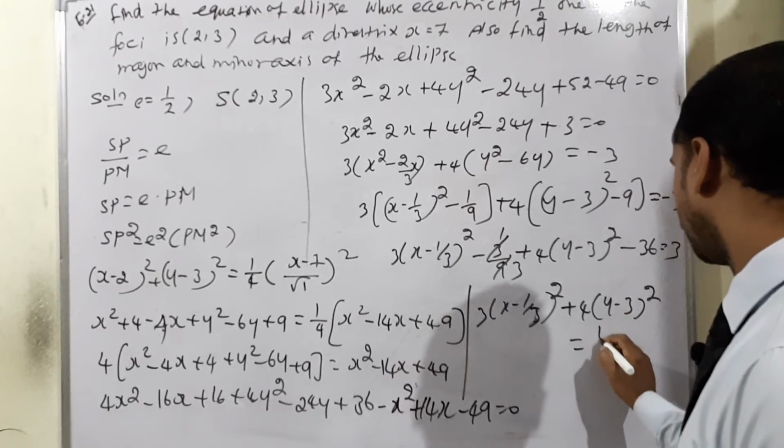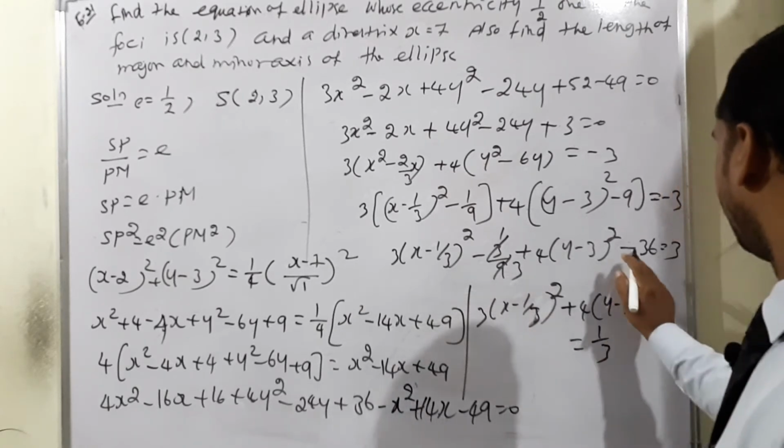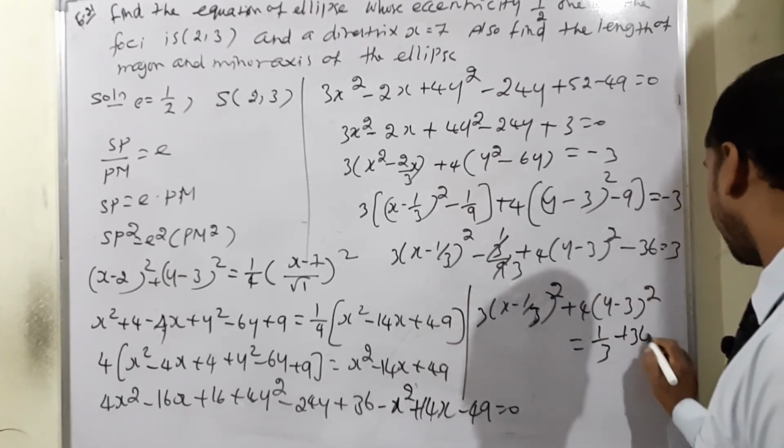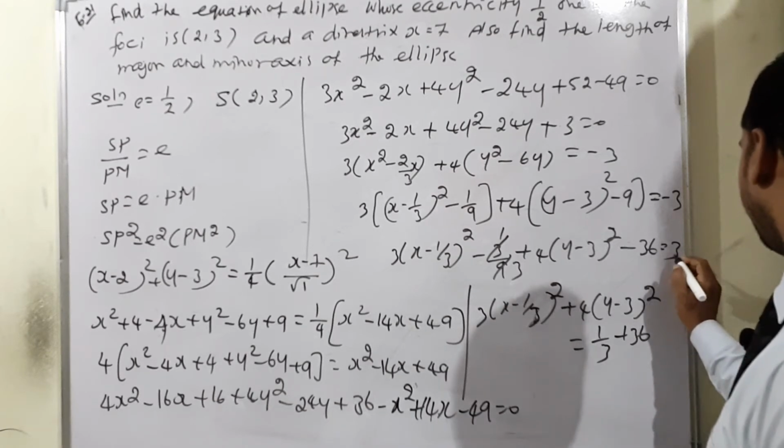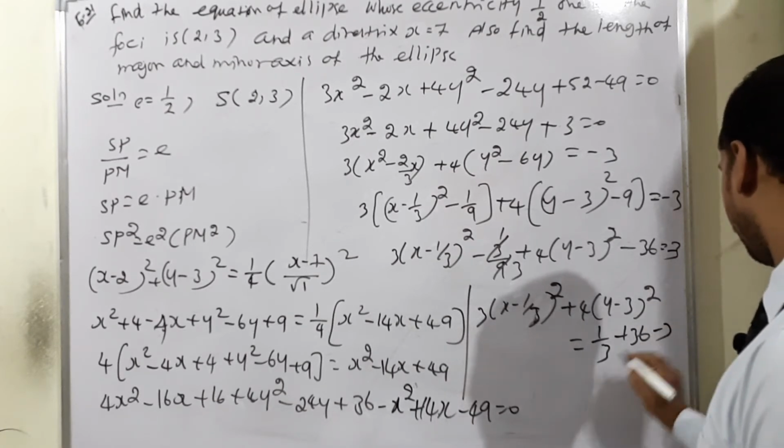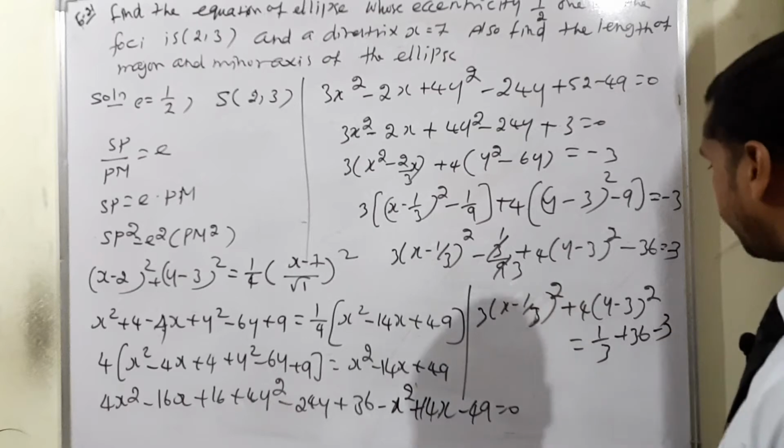1 by 3, bring out opposite side means positive 1 by 3, minus 36, bring out opposite side means positive 36. Again there is minus 3, isn't it? So minus 3.